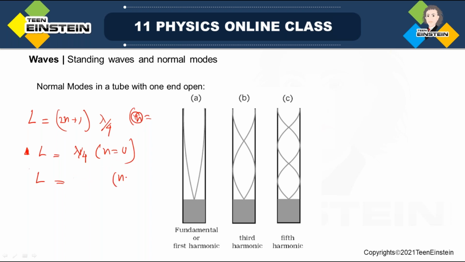When we put n is equal to 1, this gives you the third harmonic, because odd harmonics will come. After the fundamental one, you'll get the odd harmonics. The higher harmonics are actually odd harmonics.